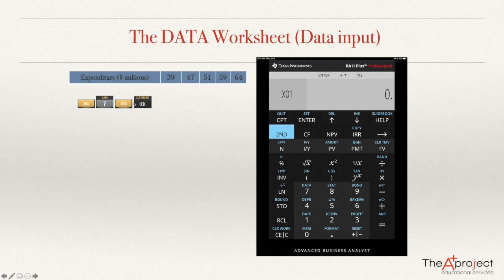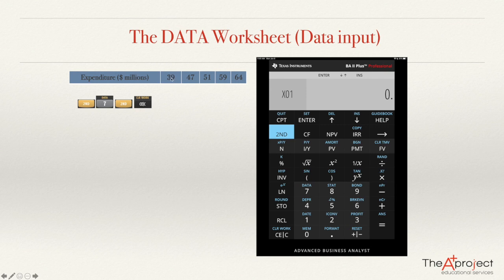And when you press second clear work, you are clearing a previous work that you have made in the calculator. It would be a good idea to do that all the time, because you need to clear the memory of this worksheet. Okay, second data, second clear work. Now you need to enter the first value of X.